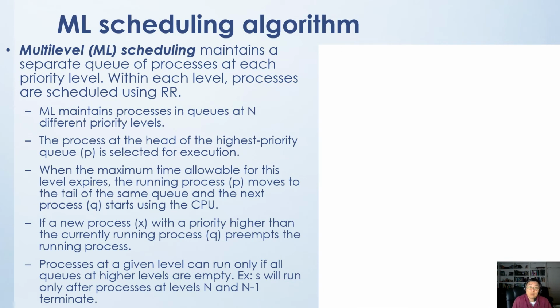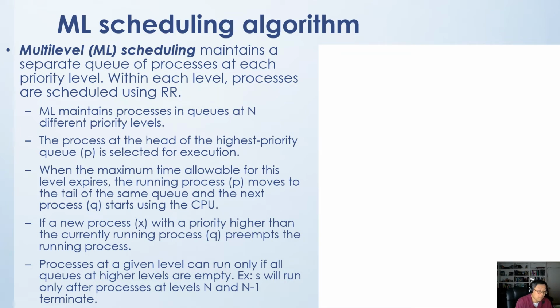So round-robin scheduling treats all processes as equals. For an operating system supporting the round-robin scheduling algorithm, it creates a queue. Now, all the processes are going to be placed in the queue, and the scheduling algorithm is going to select the process at the head of the queue and allocate the process to the CPU.